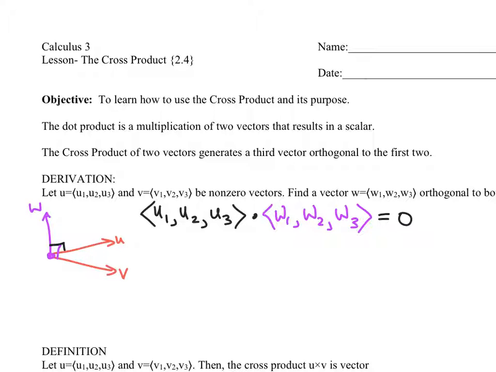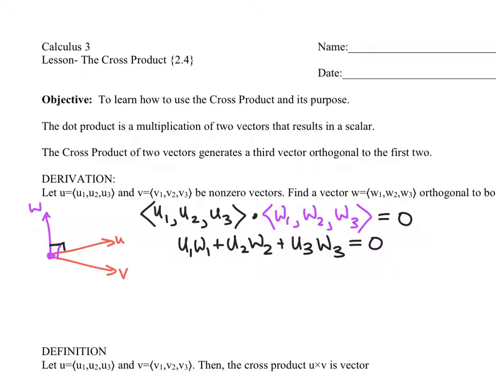All right, because one of the things we learned earlier is that if the dot product is equal to 0, the 2 vectors are orthogonal to one another. I can distribute this out using the dot product: U1 W1 plus U2 W2 plus U3 W3 is going to be equal to 0.